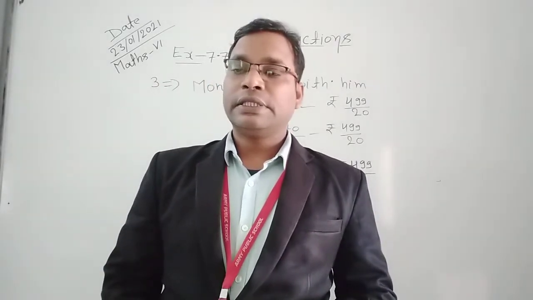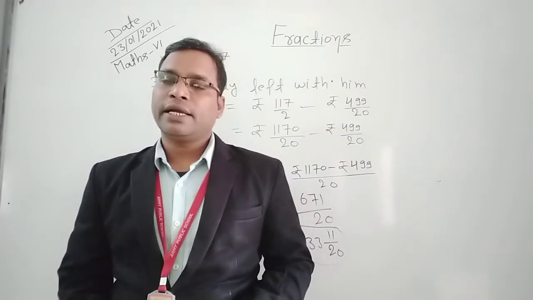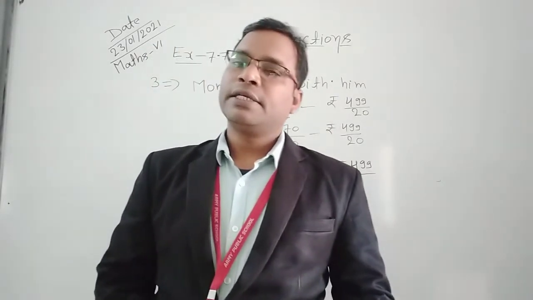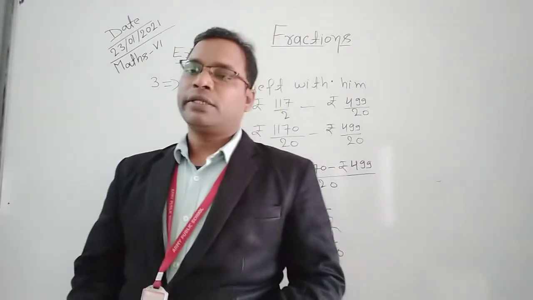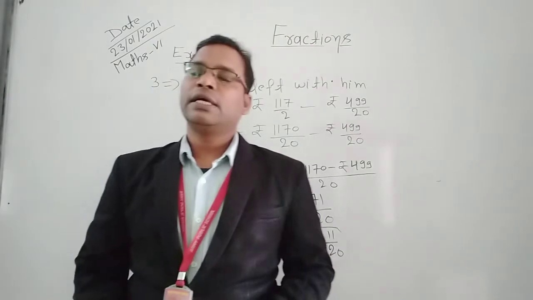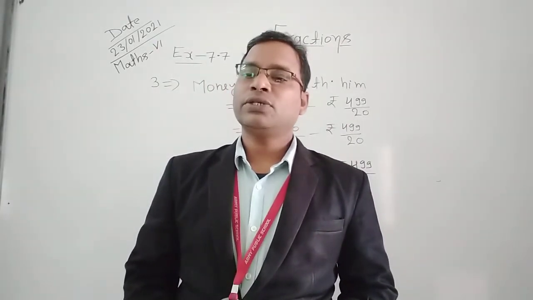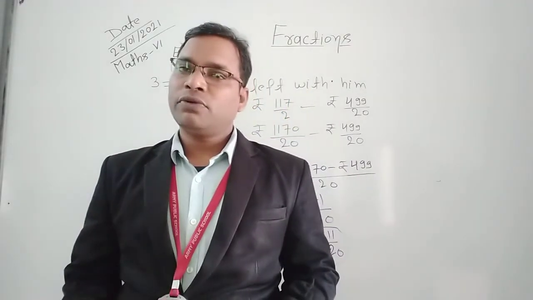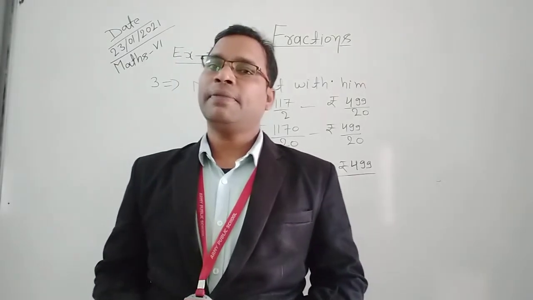Out of this money, he spent 18 and 3 by 4 on food and 6 and 1 by 5 on other needs. How much is left with him? Okay, so in this question, first we find the total amount of money spent by the laborer.